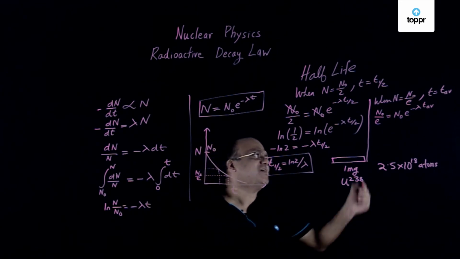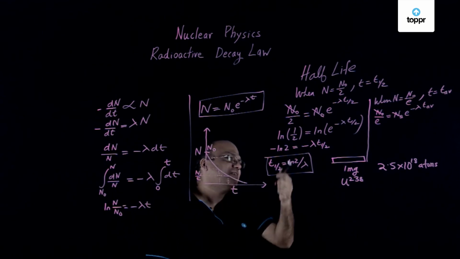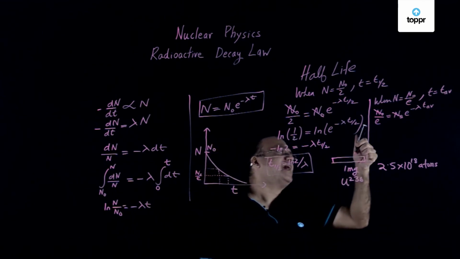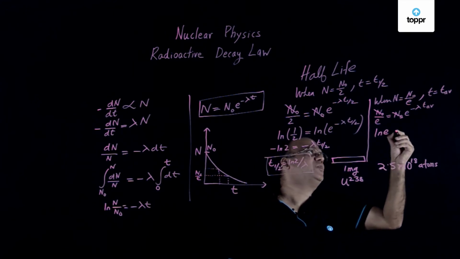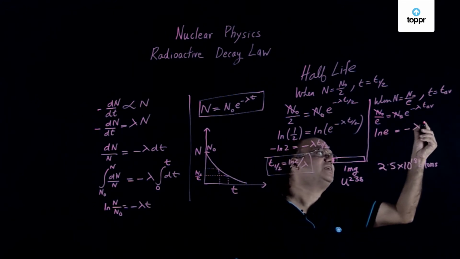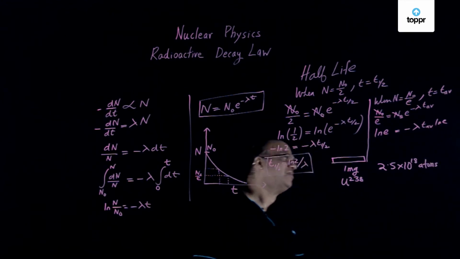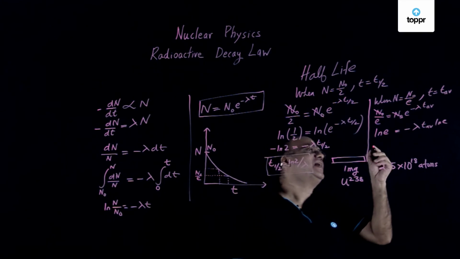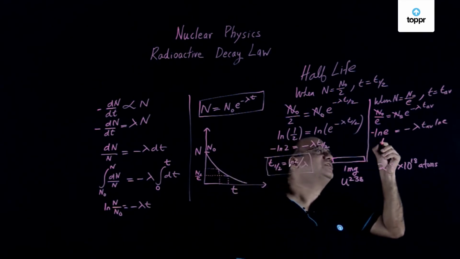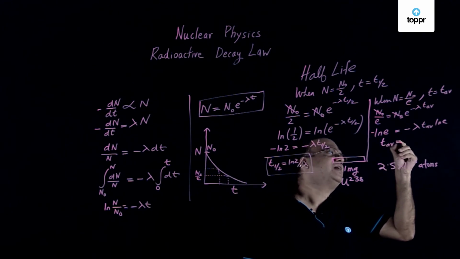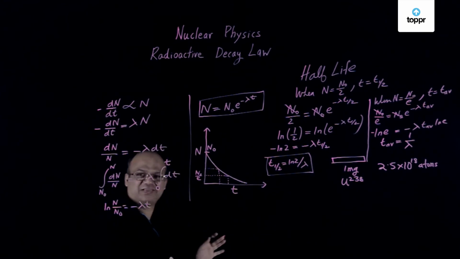Now again N naught cancels. You take ln of both sides. So you get this kind of equation. And then finally you get ln e, which is 1, equal to minus lambda T average ln e. So T average becomes 1 by lambda. This is called average life or mean life.